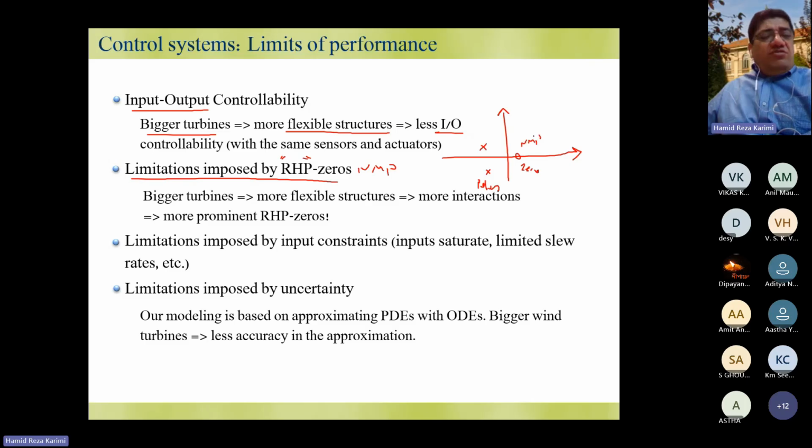Usually in control, these zeros are very dangerous. For example, in (s minus 1) over (s squared plus 2 zeta omega s plus omega squared), this zero is s equals 1. s equals 1 we call the NMP, the right half-plane zero.